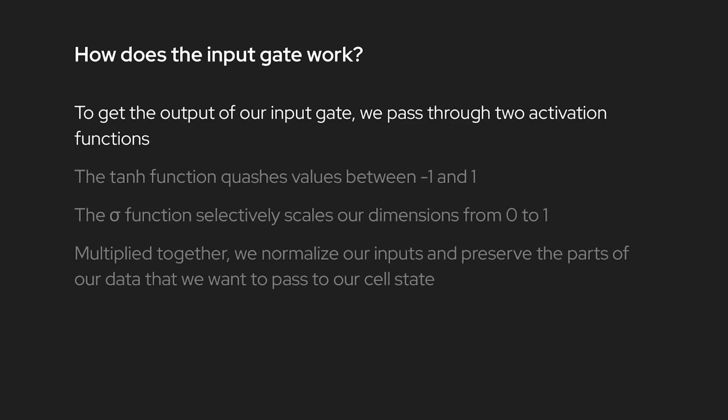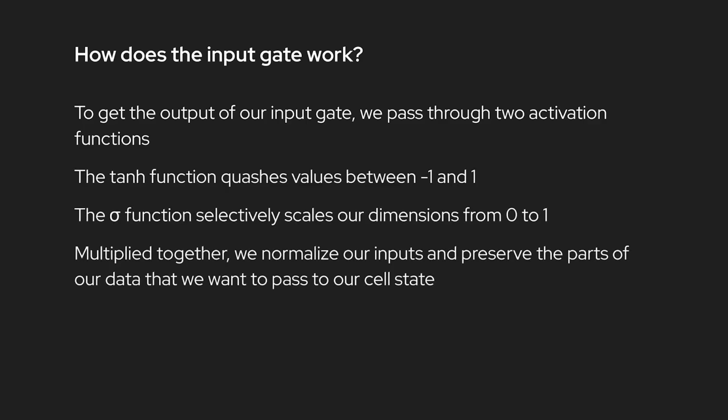Our tanh function not only quashes values between -1 and 1, but it can better actively shape that information itself, like change its sign. Our sigmoid function allows the model to selectively control how much of that information passes through, kind of like a valve or a filter on top of the tanh output. If we only had the tanh function, we would only be able to shape our input, but it would be very difficult to effectively gate it.